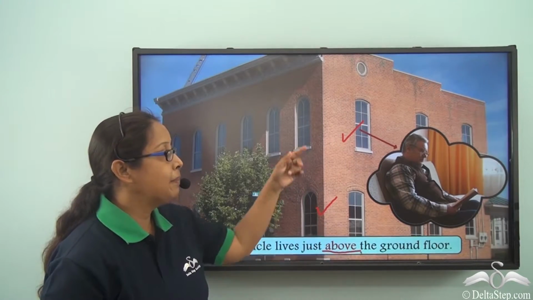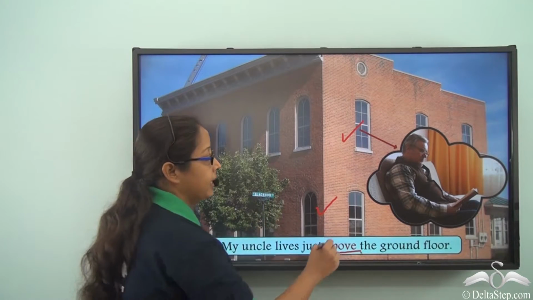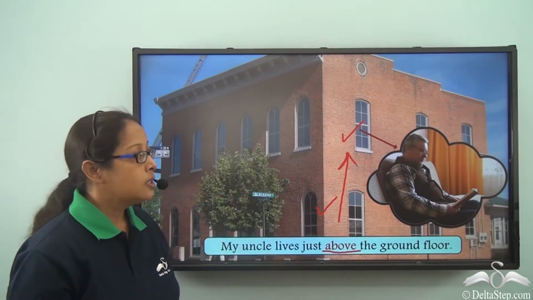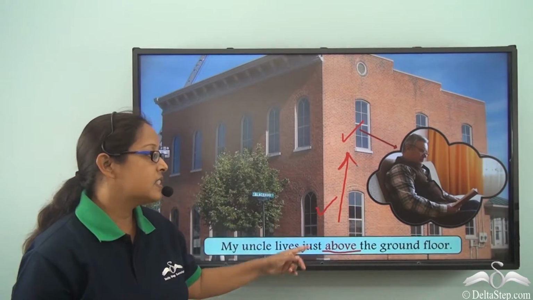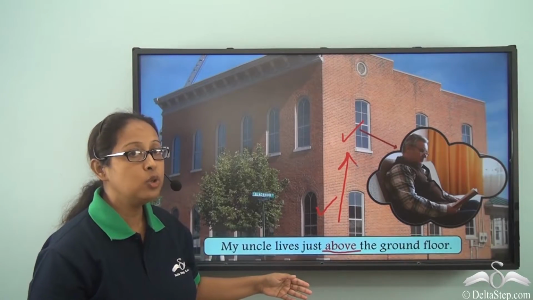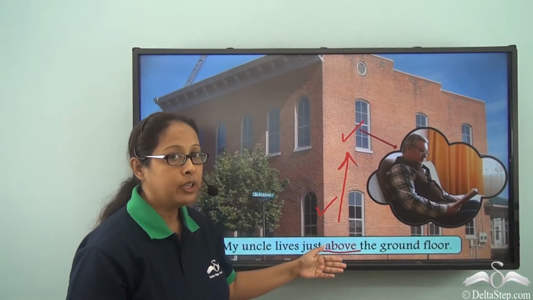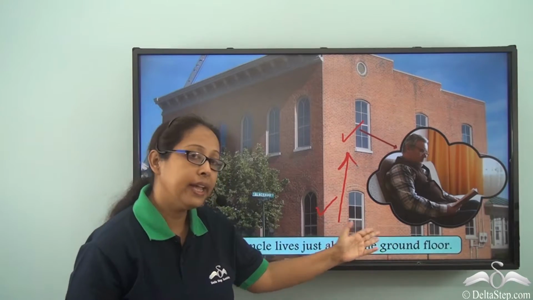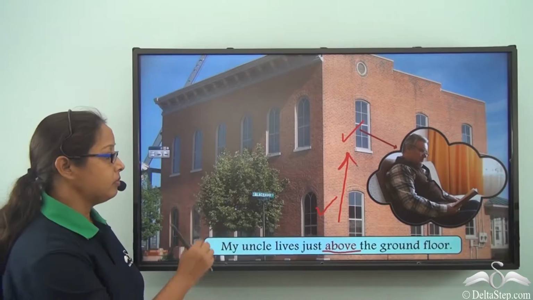So, something being above means it is higher than the ground floor. So, my uncle lives higher than the ground floor, or in other words, we will use the preposition above here to show where he is living. He is living higher than the ground floor.